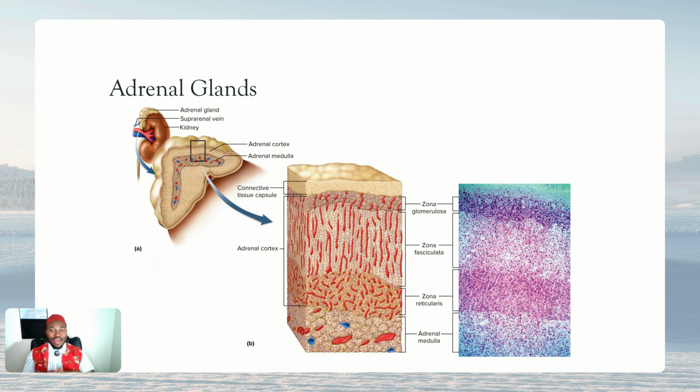Now, when we go deeper, the mineralocorticoids from the glomerulosa are steroid hormones that regulate electrolyte balance, aldosterone specifically, which stimulates sodium retention and potassium excretion. Aldosterone: sodium retention, potassium excretion. You have to know this because it is also connected with the urinary system. Extremely important. Now, when you're talking about the glucocorticoids, you're talking about regulation of glucose.